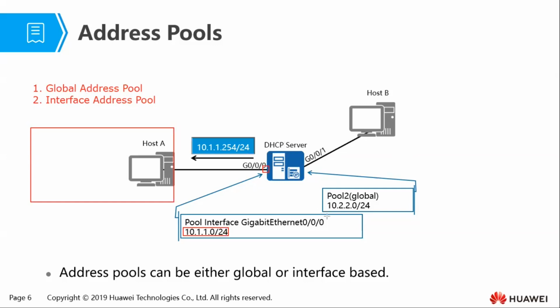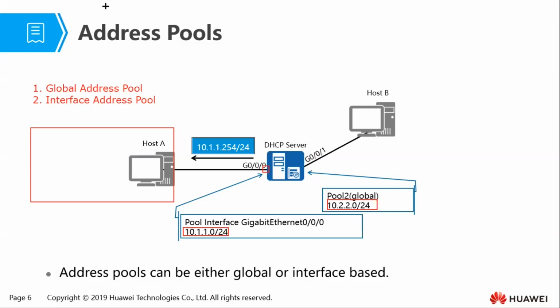So even if this DHCP server has a global address pool configured with that range, and an interface address pool configured with that range, then host A will be assigned from the interface pool and not from the global pool. So that's another thing that is important to understand.